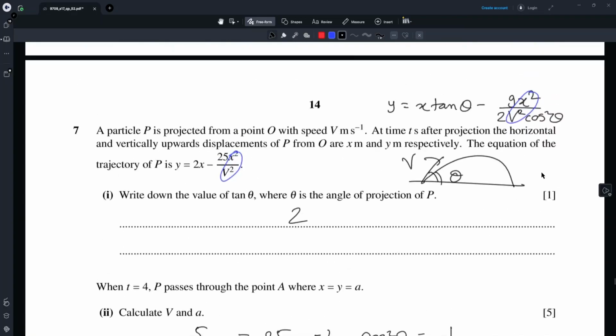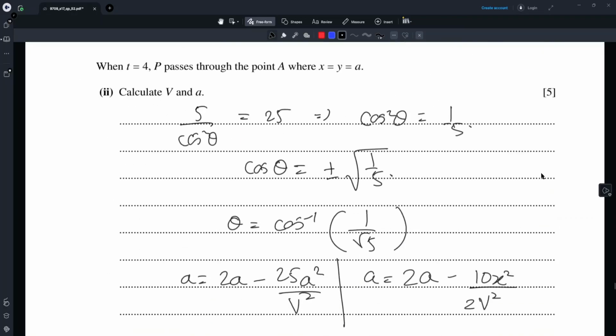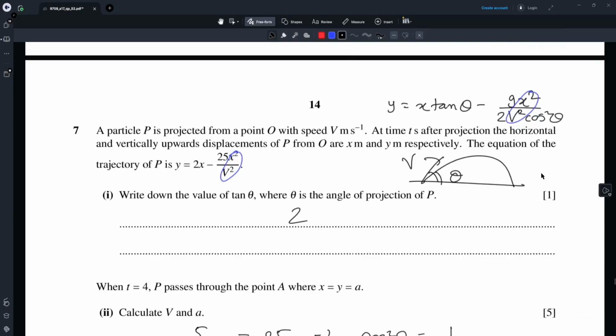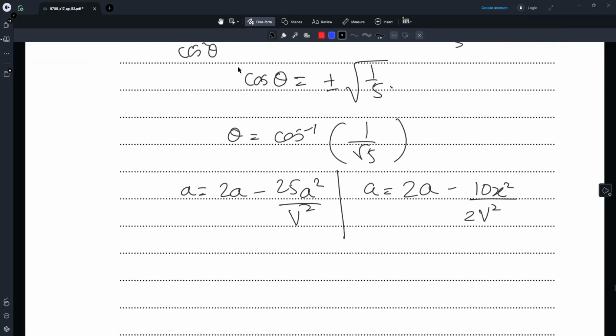It's the exact same thing actually. Okay, I'm just going to do it at t equals 4 separately now. So combining these two, we have this equation, which I'll need later on.